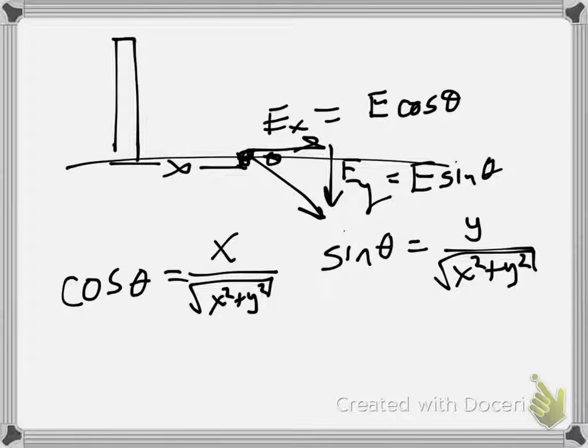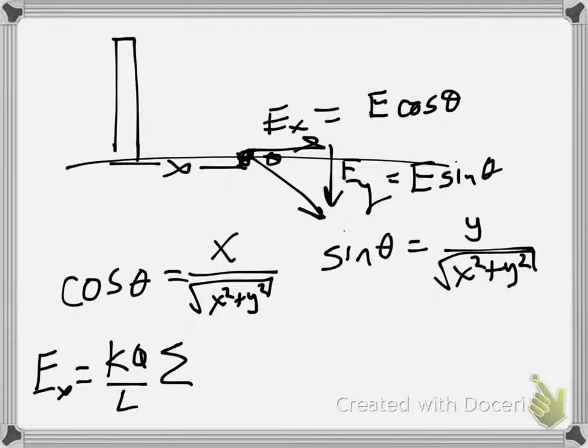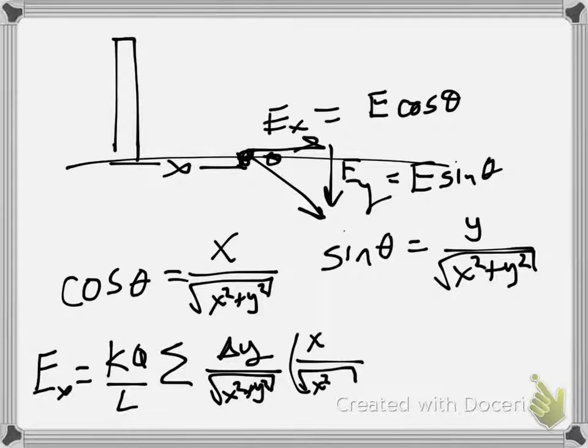Okay, so all you got to do is then say EX is equal to KQ. We're just multiplying our E times that. KQ over L, the sum of, okay, what do we have there? Delta Y over x squared plus y squared times x over the square root of x squared plus y squared.